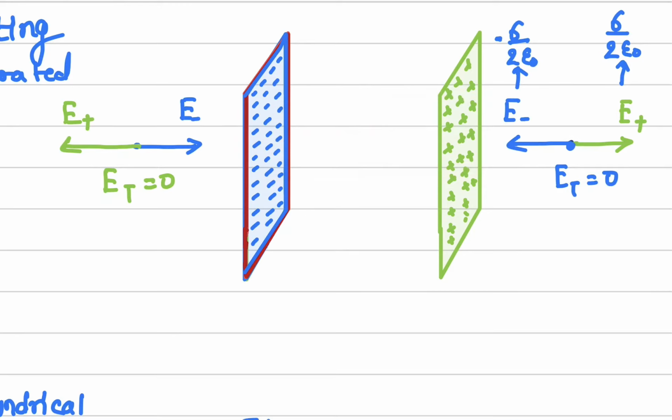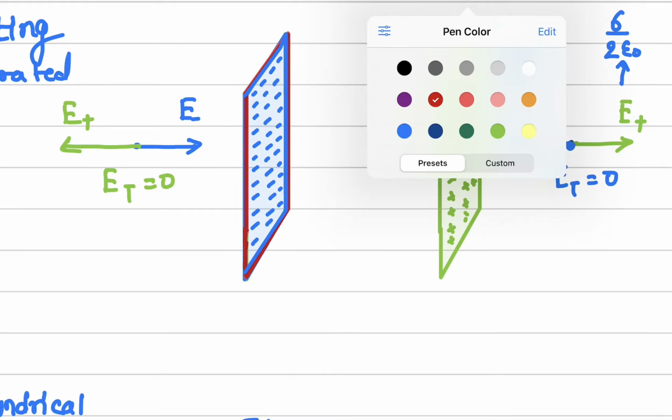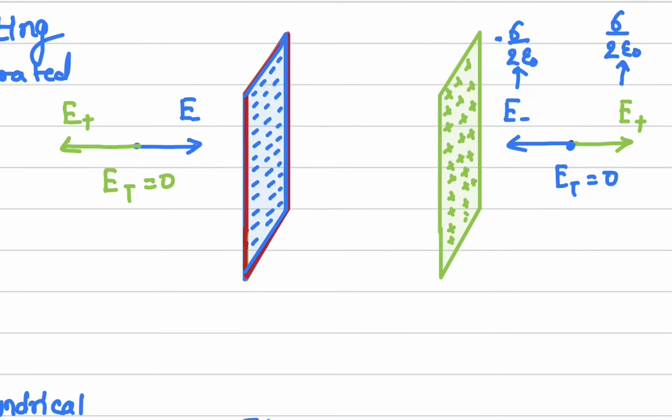Now let's find out the magnitude of the electric field. Let's say we have a point here, and at this point, due to this plate, the electric field will be away from the plate. So this will be E positive.